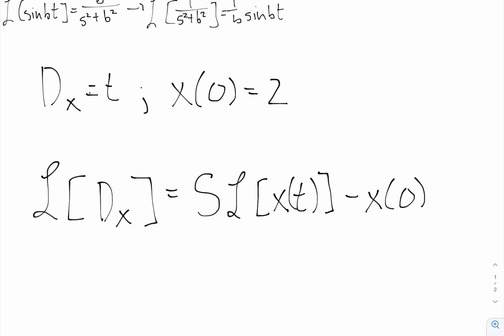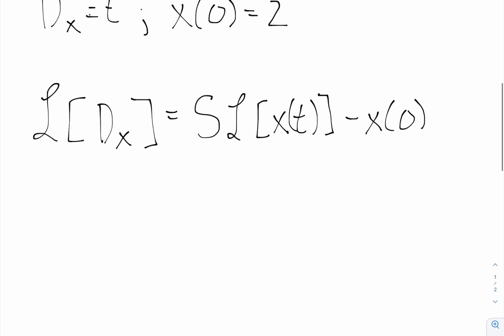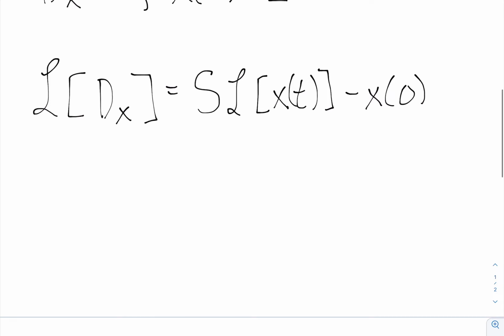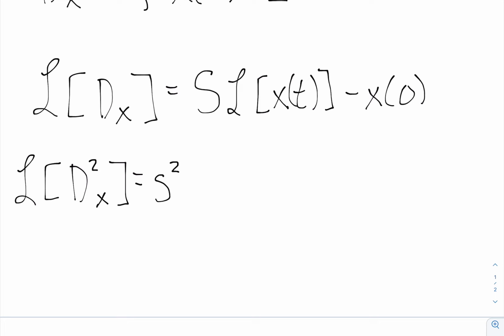We can also apply this formula to higher order derivatives. For example, if we took the Laplace transform of the second derivative, the notation for that is D squared with a little x, so the function x. That's going to be equal to s squared times L of x of t.